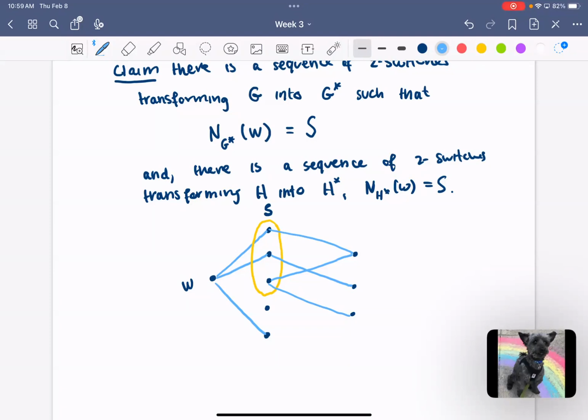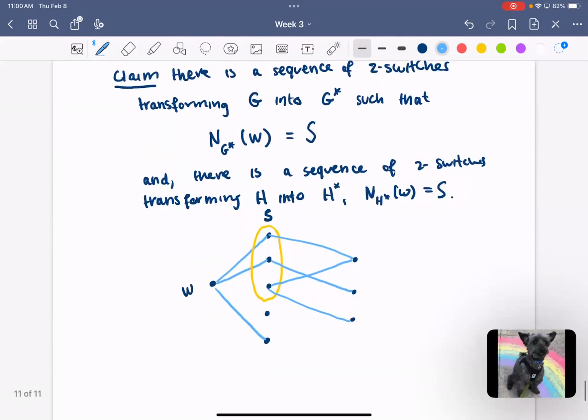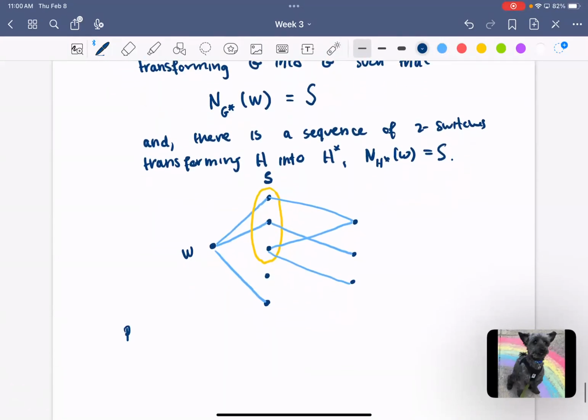Okay, so let's find that sequence of 2 switches. This is the proof of the claim, and then we'll return to the main proof.